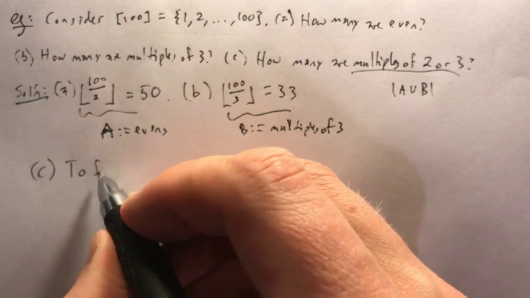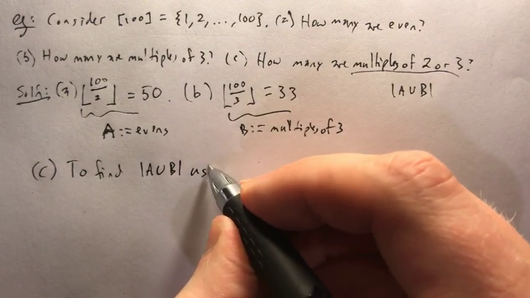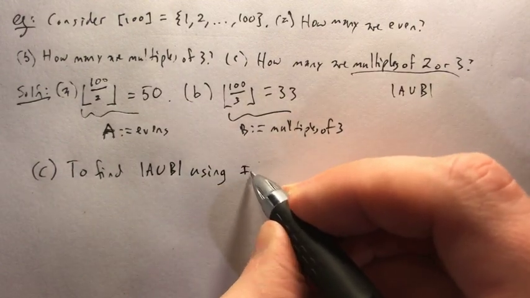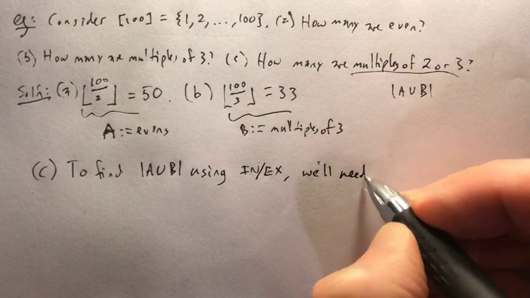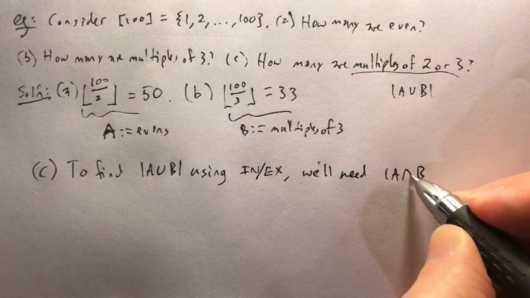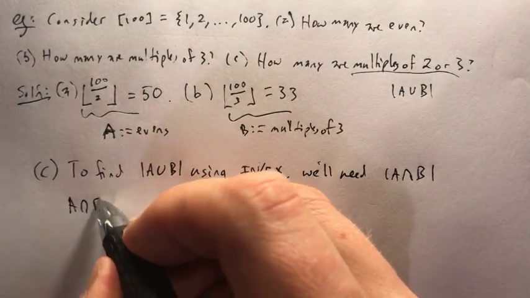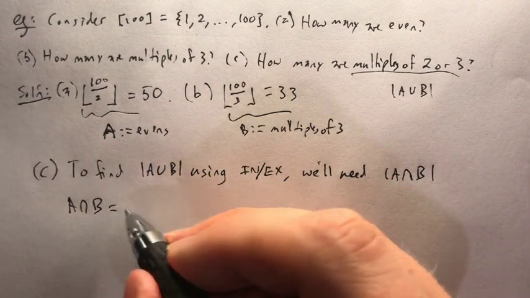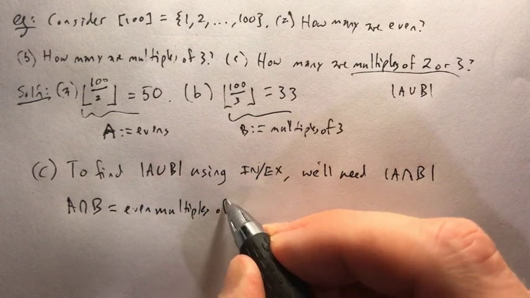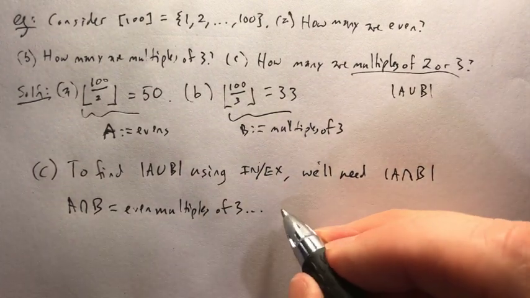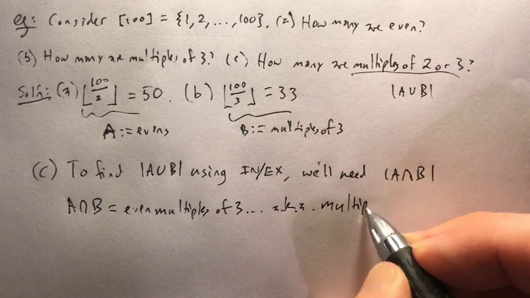To find the size of A union B using inclusion-exclusion, we'll need the size of A intersect B. And what is the size of A intersect B? Well, A intersect B is going to be even multiples of 3. Those are also known as multiples of 6.